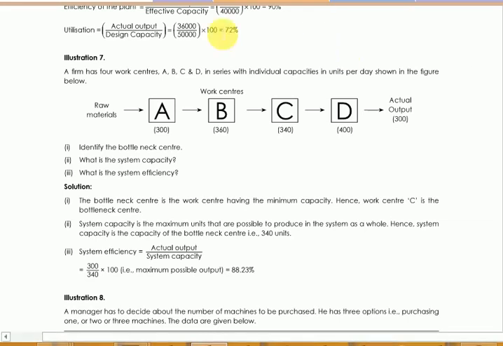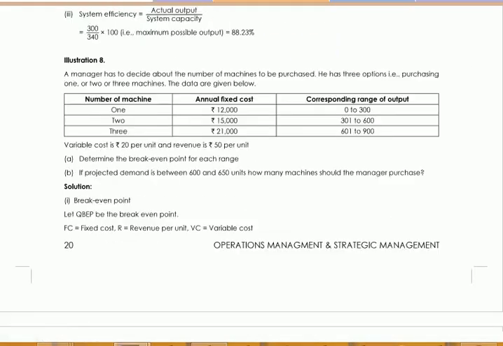It goes like this: a manager has to decide about the number of machines to be purchased. He has 3 options, that is purchasing 1, 2 or 3 machines. I am just reading out the question.